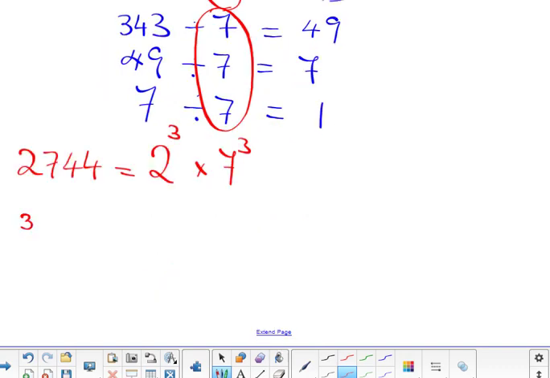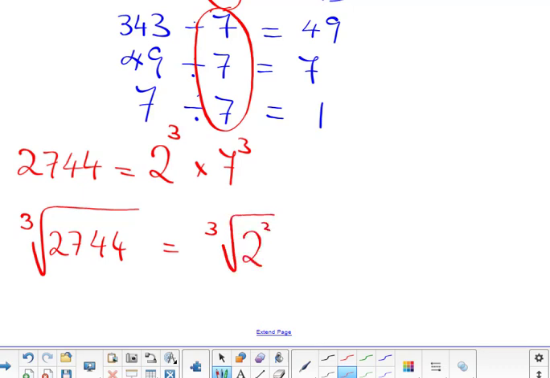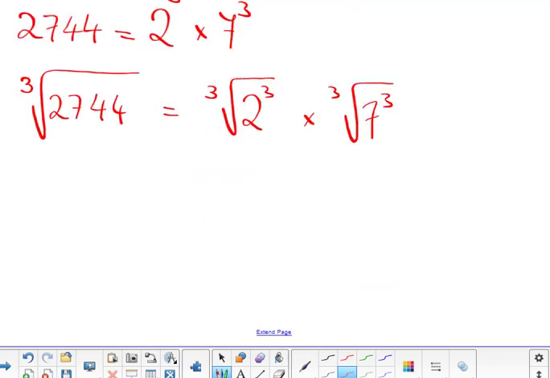So the cubic root of 2744 will be the cubic root of 2 to the power of 3 times the cubic root of 7 to the power of 3. And so we end up with, now look at this, the cubic root of 2 cubed, which is just equal to 2.